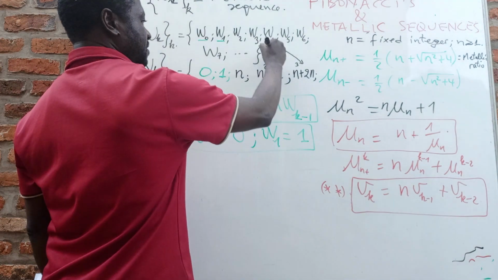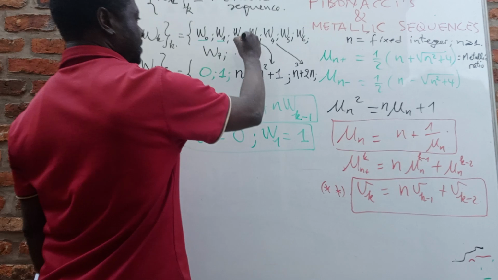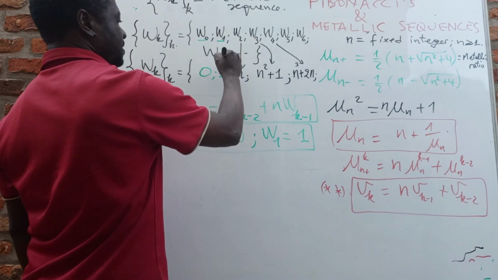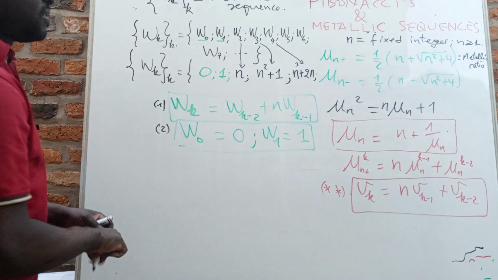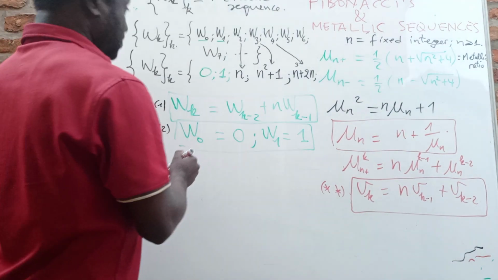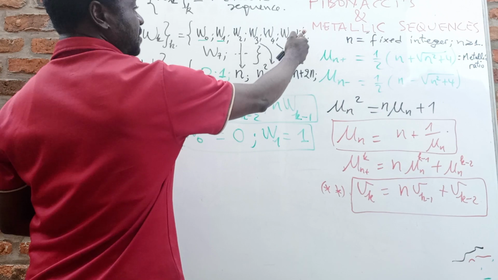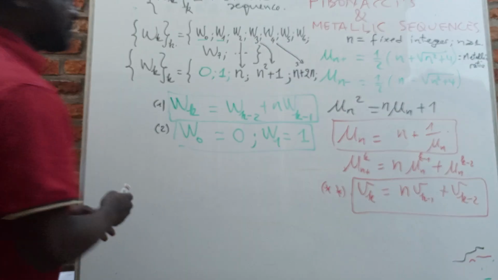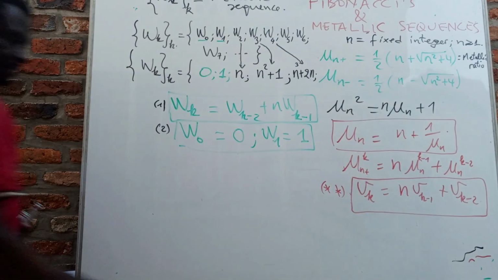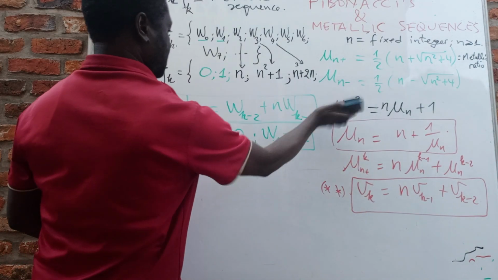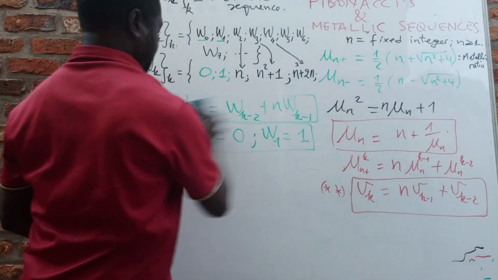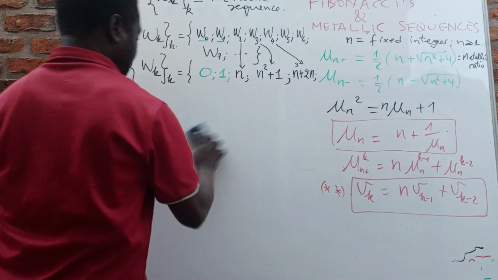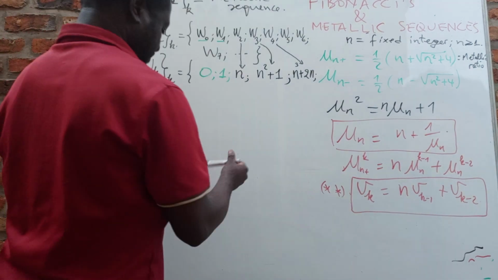This is the third, this is the second, and this is the initial conditions, and so on. Now the fifth, the sixth, the seventh, and the eighth, we can find them in this manner by using these two relations.